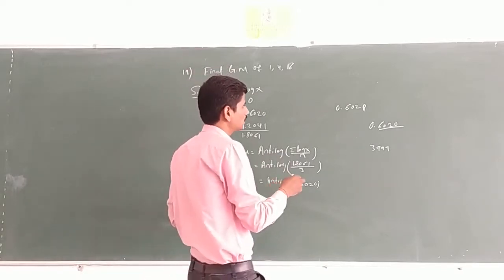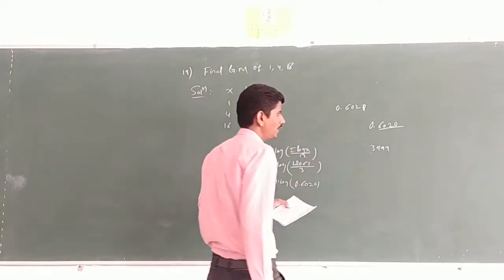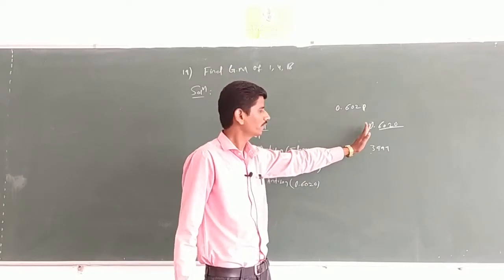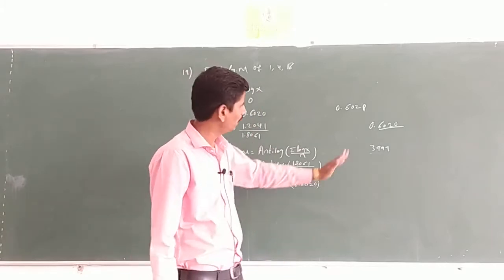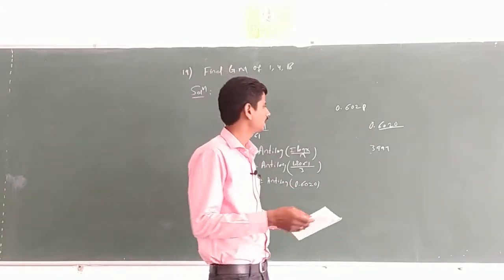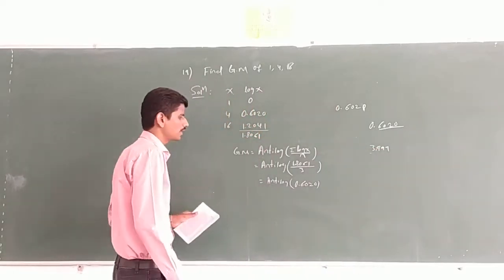Then the antilog of 0.6020 is 3999. In anti-logarithm, the character before the decimal point is 0. In anti-logarithm, character plus 1: 0 plus 1 is 1. Then put the decimal point after the first digit. So the antilog of 0.6020 is 3.999.